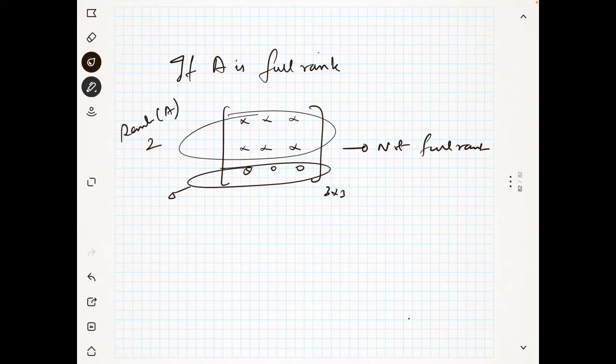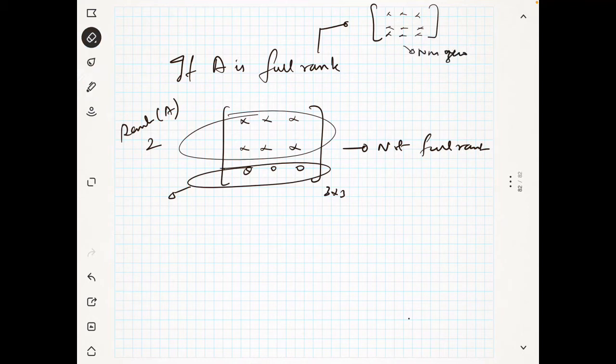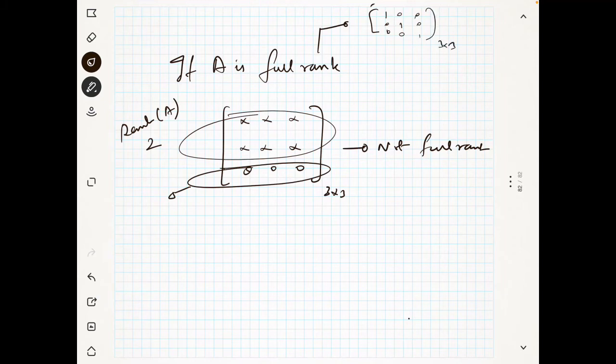If A is full rank, you cannot reduce this completely into 0, all non-zero, so there won't be any zero row. You will be getting something like this at maximum. So this is a 3 by 3 and the rank is also 3.